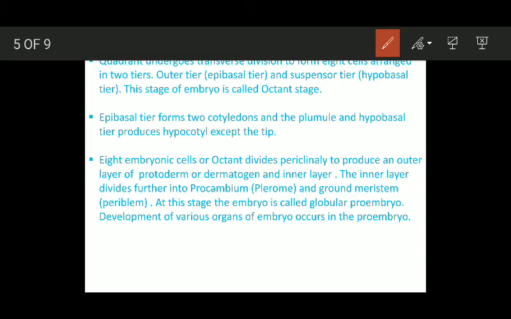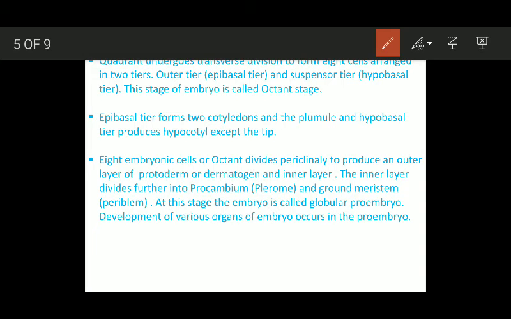The outer tier or epibasal tier, it forms two cotyledons and the plumule, and hypobasal tier or the suspensor tier, it produces hypocotyl except the tip. याद रखना, it produces hypocotyl except the tip, because the tip is produced by hypophysis, जो हमने पहले ही डिस्कस किया हुआ है. ओके, तो याद रख सकते हैं आप, जो एपिबेसल टीयर है, it forms two cotyledons and plumule or future shoot, while hypobasal tier produces hypocotyl except the tip.